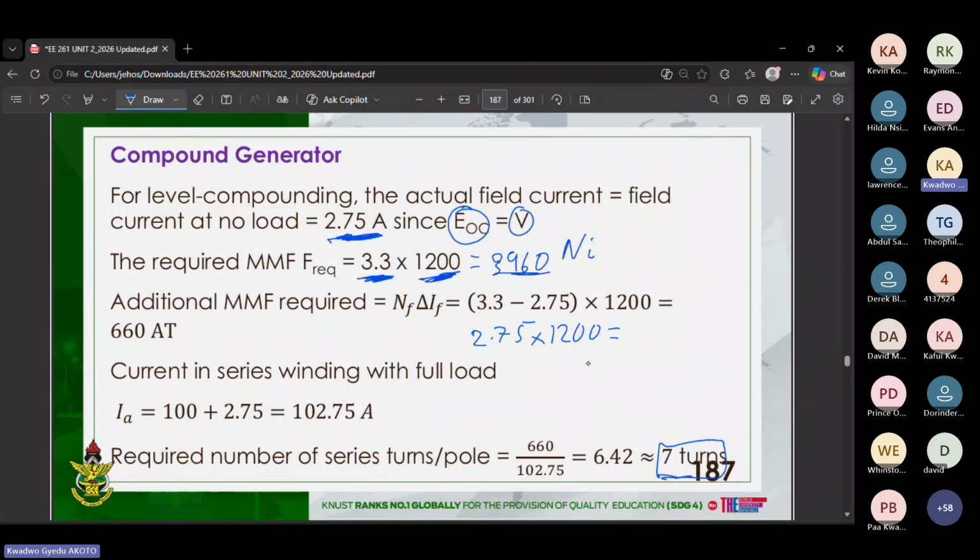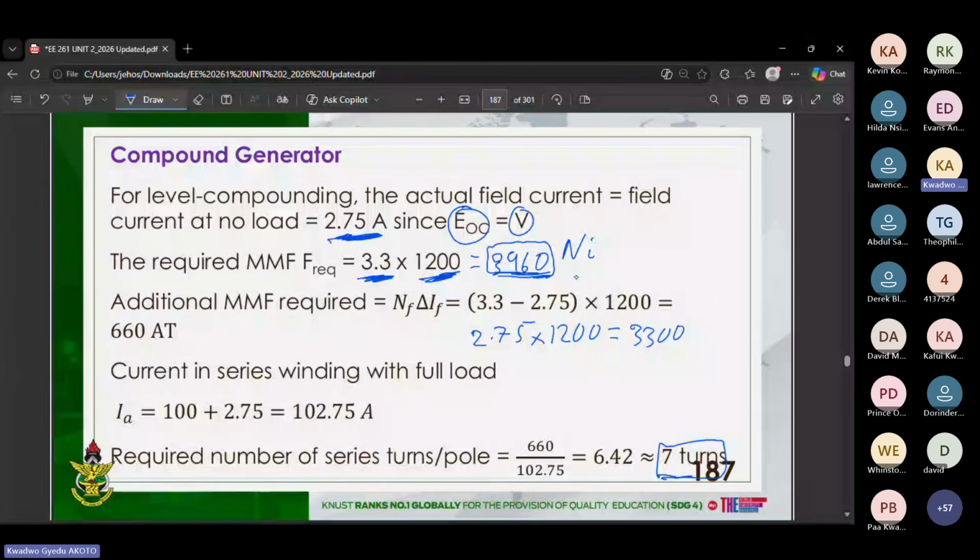So that means that the difference between our compensated MMF and our uncompensated MMF is going to be equal to the MMF being produced by our series field.